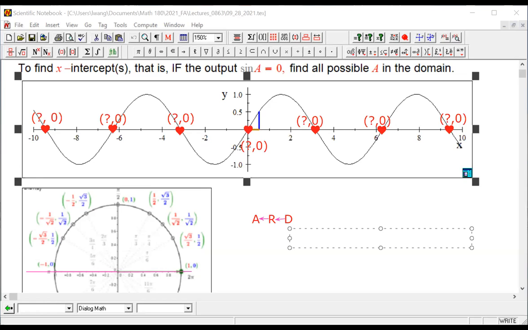Because we know the sine of A equals 0. This is the definition, so we know D, and we find the bridge. The bridge is the reference angle. These two terminals also make reference angles. Reference angle is 0, but they're not strictly a reference angle, because a reference angle has to be positive acute.